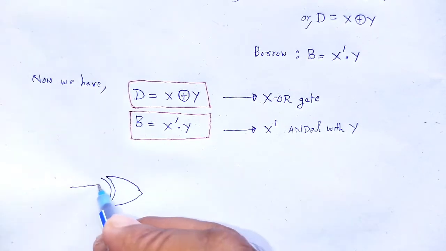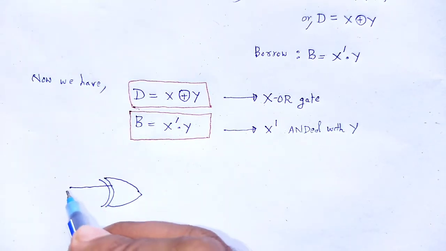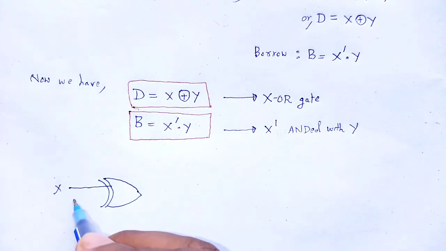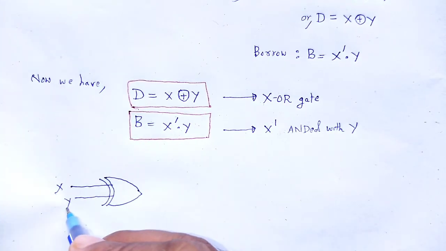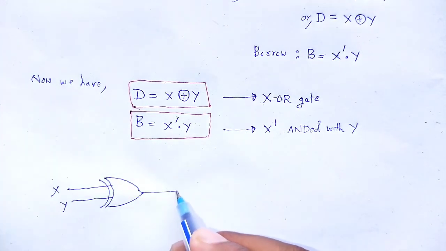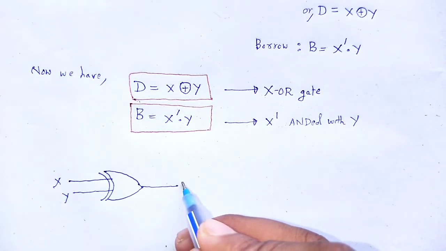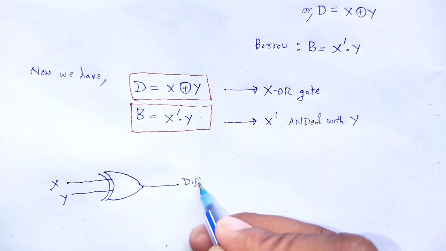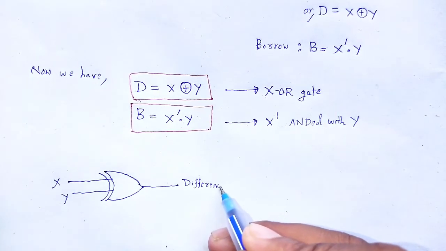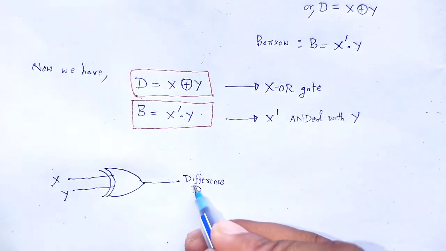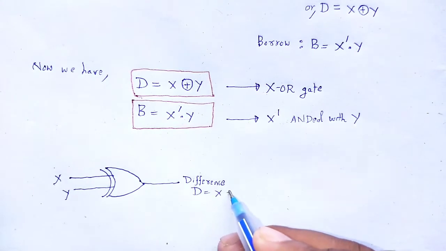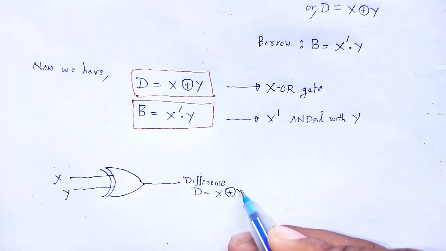It has input x, another input y, and at the output we have the difference D equal to x XOR y.